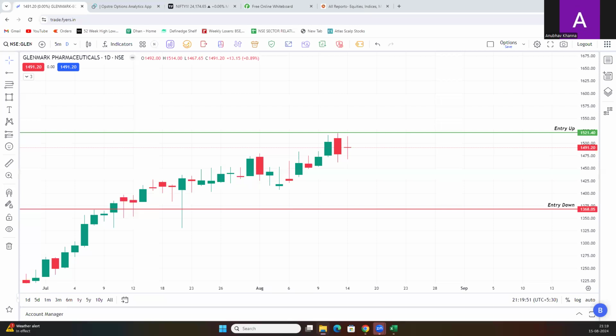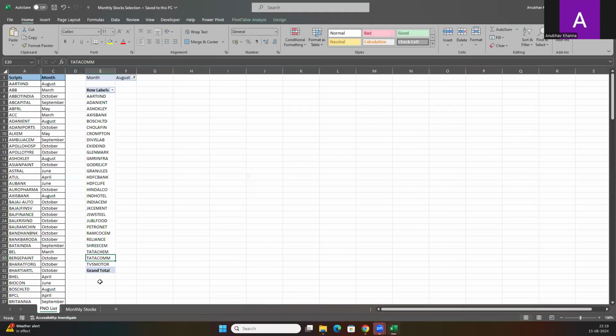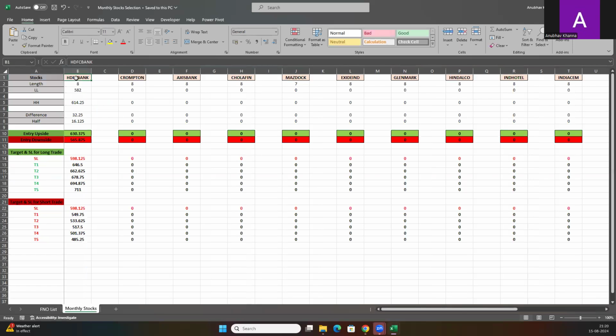What exactly the stop loss is going to be in Glenmark, right? So Glenmark is there, right? Glenmark here.